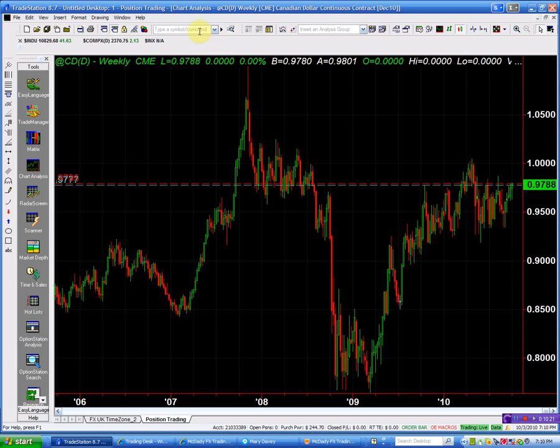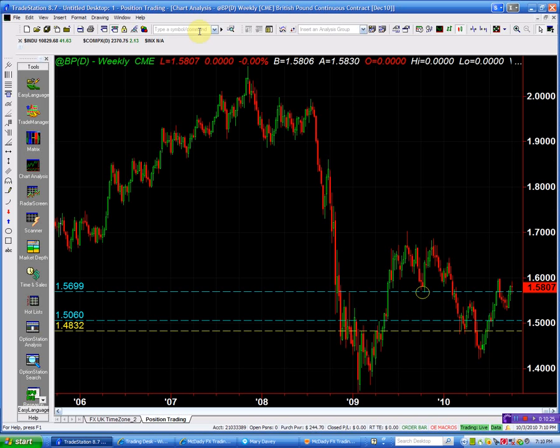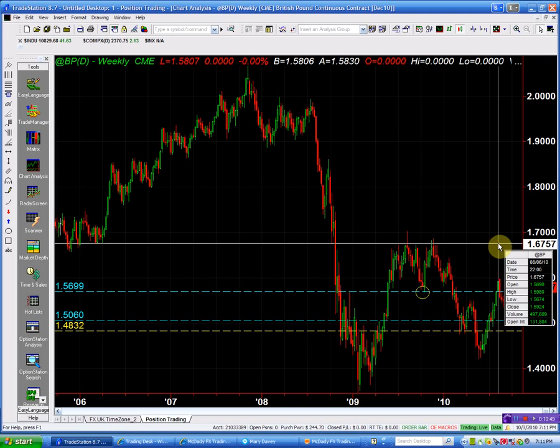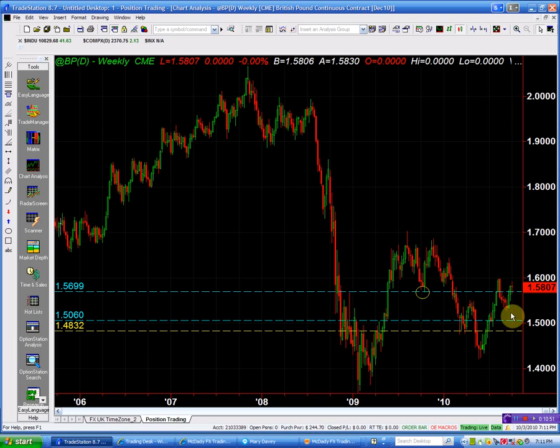Then we are going to go to the British pound and take a look at it. Yes, we have come back above the structural point of 156.99, or the 157 handle. Let's make it the 157. We did push above that on the week of August the 6th, only to fail.